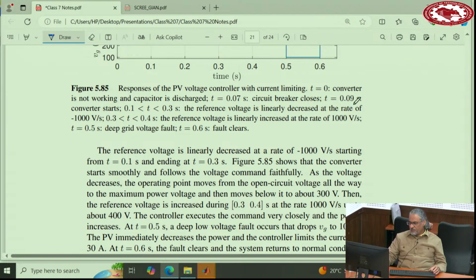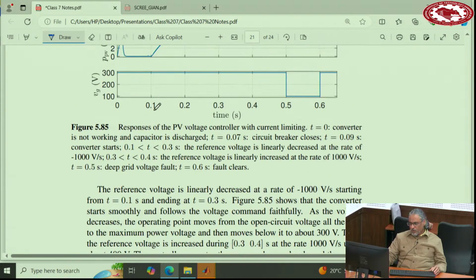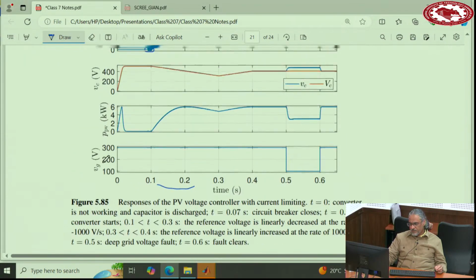At t equals 0.9, now the converter starts, okay? And between 0.1 to 0.3, the reference voltage of the capacitor is linearly decreased at the rate of negative 1000 volt per second, right?